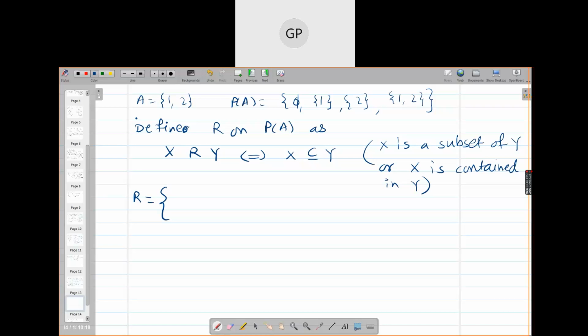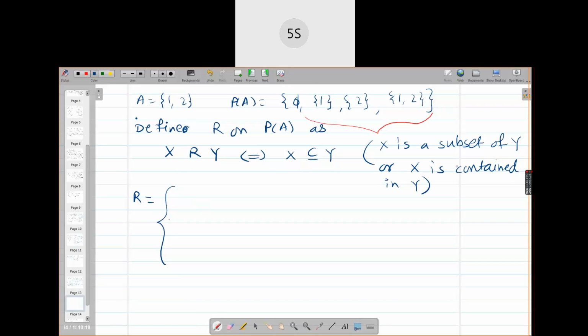Partial order relation means ordered pairs आते हैं इसमें R में सारे. R is a Cartesian product subset, right? So phi is a subset of every set, yes or no? You have to concentrate on P of A, not A. Empty set is a subset of every set, yes or no?